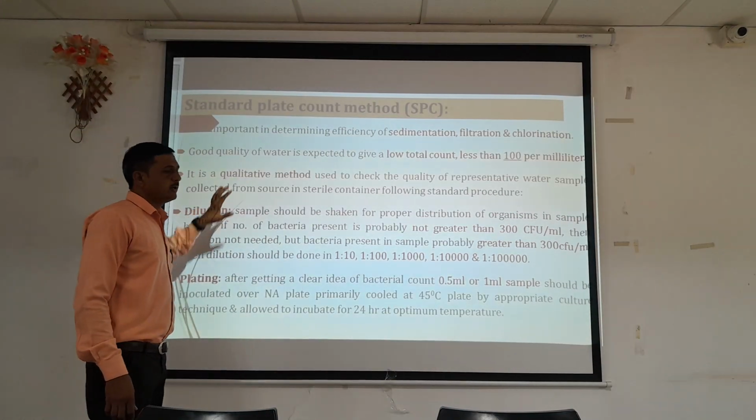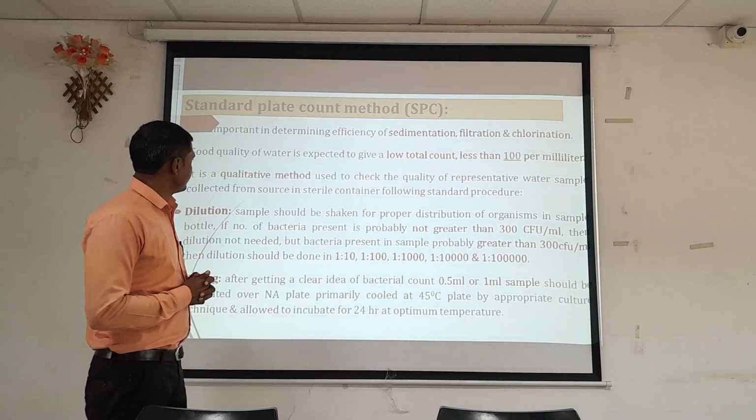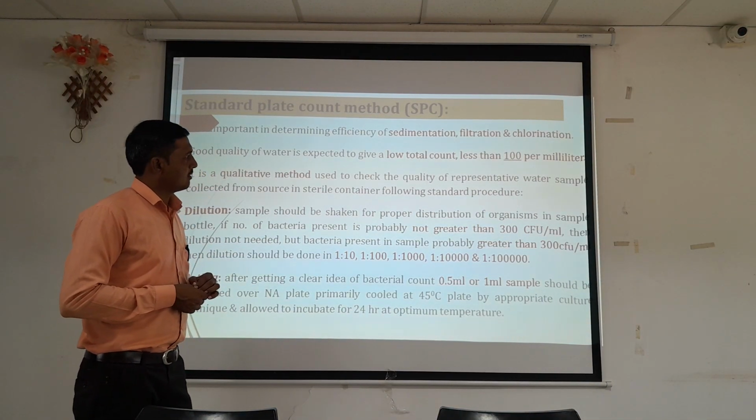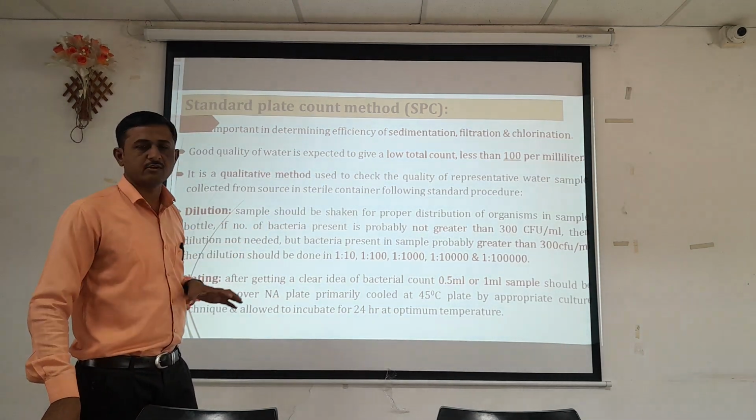It is a qualitative method used to check the quality of a representative water sample collected from the source in a sterile container, using the standard plate method, and the standard procedure is followed.